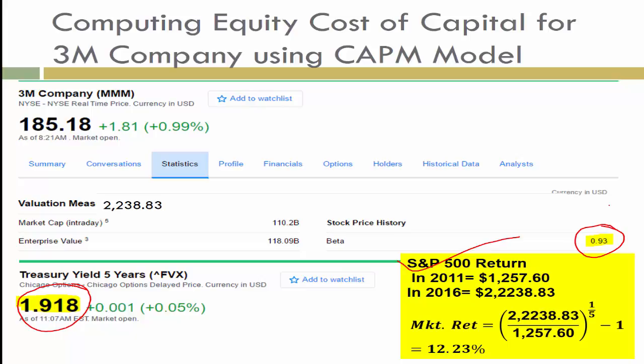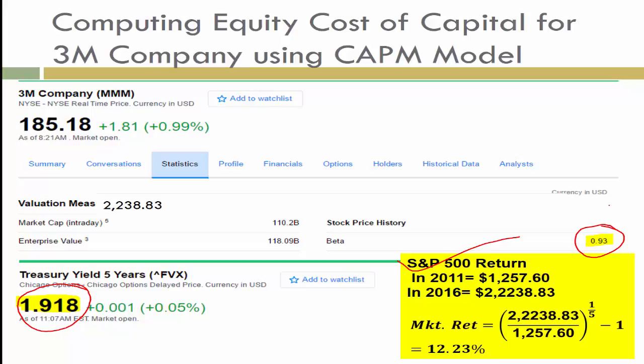So what I'm going to do is look at how this market did in the last 5 years, and I'm going to assume the market will continue to do that in the next several years to come. In this case, I'm going to use the last 5 years' market return as a proxy for future market return.